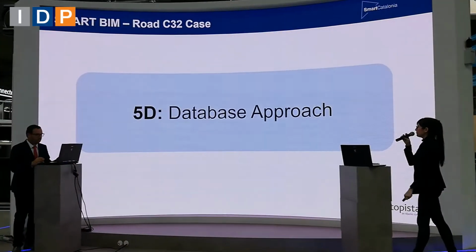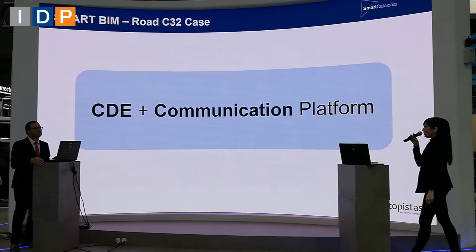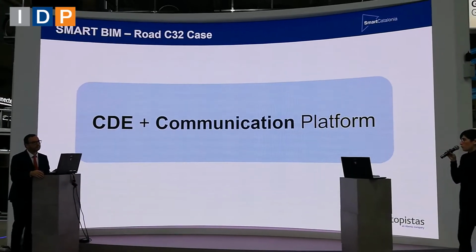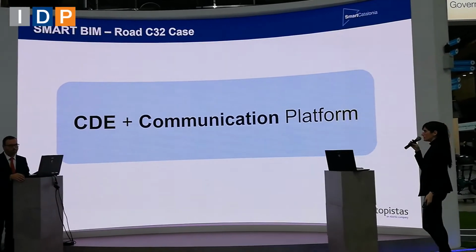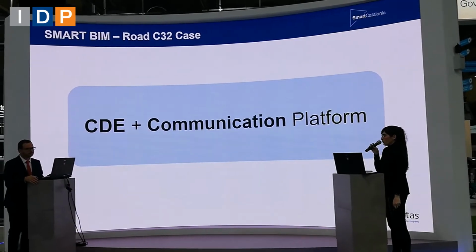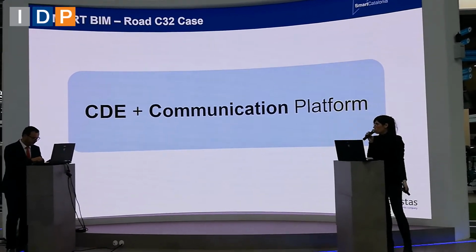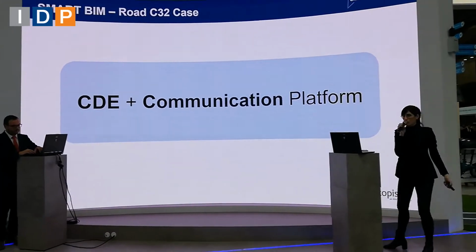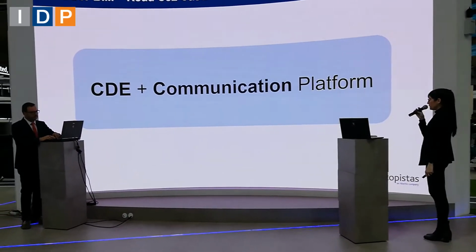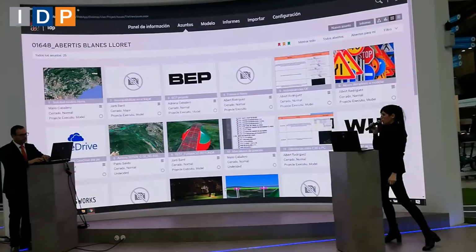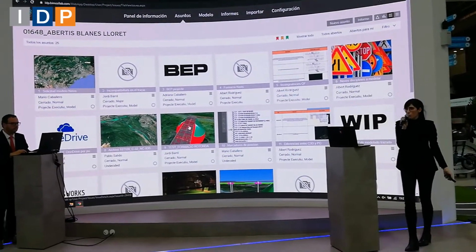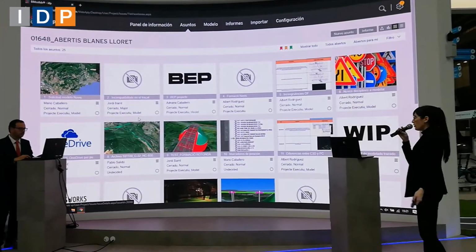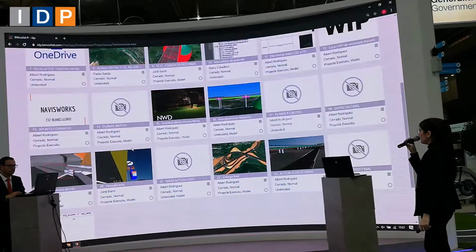We're almost done here. Let's talk about CDE and communication platform. What's CDE? It's Common Data Environment. We used a common data environment to put all the information that we needed to work on with the client. And we used a communication platform that Mario is going to show you right now, which is based on BCF, BIM Collaboration Format from Building Smart.